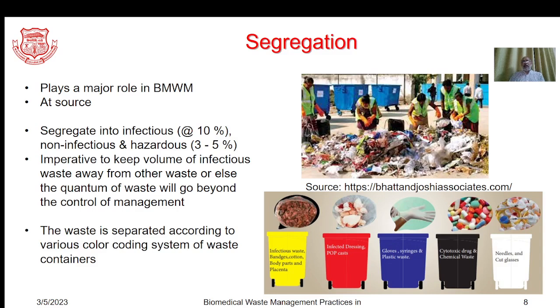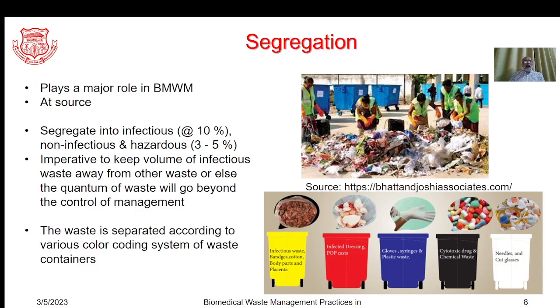Segregation should be done at the source. It is a very important step as far as the biomedical waste management system is concerned. Generally, segregation is done in order to separate infectious content from the non-infectious and hazardous categories of waste.